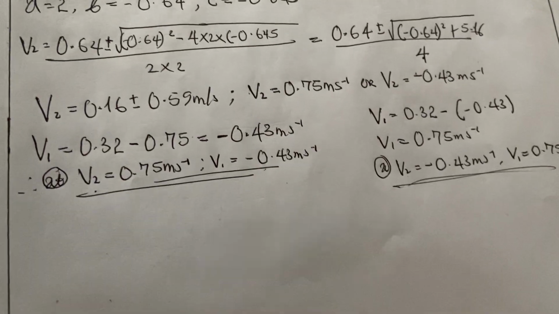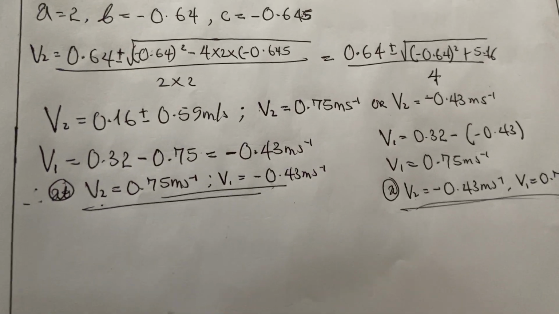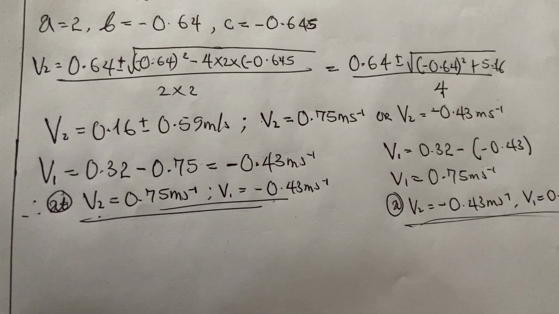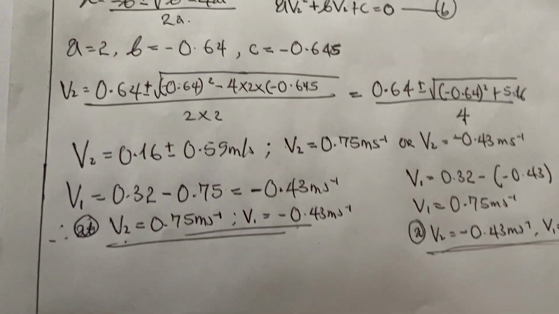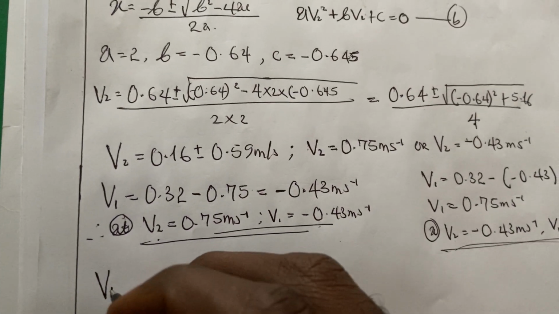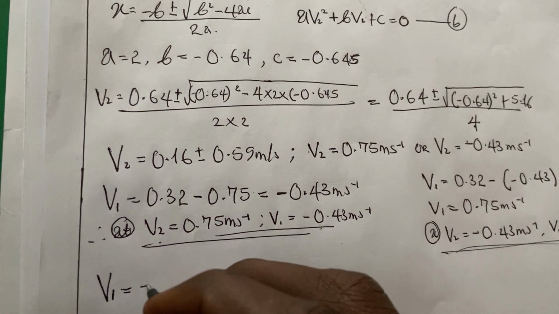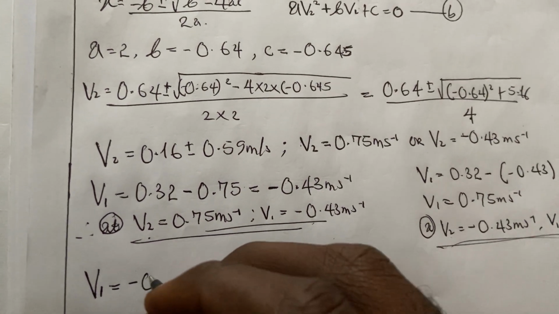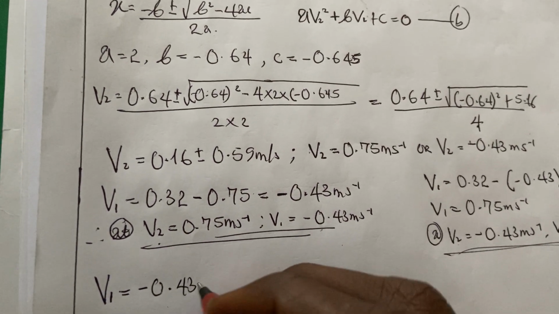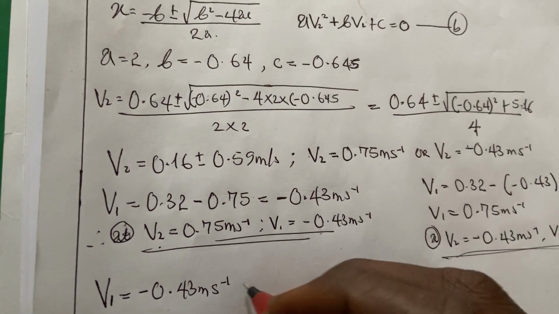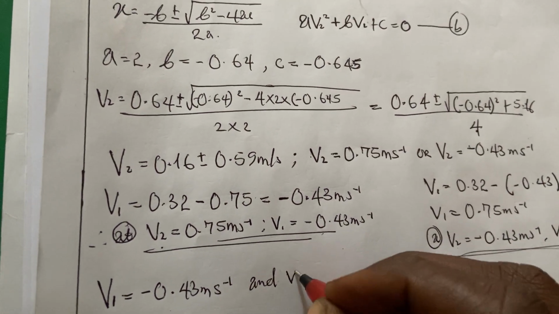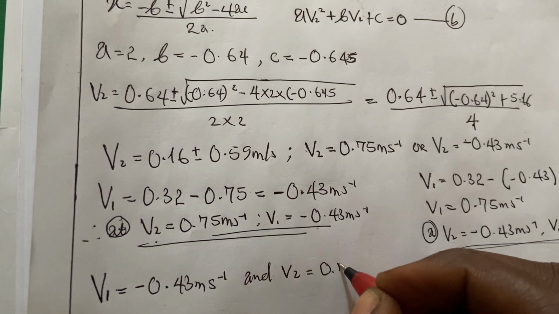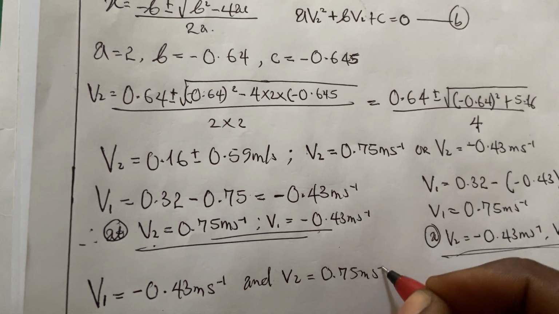So therefore, the values we're going to be picking are v1 as minus 0.43 meter per second and v2 as 0.75 meter per second.